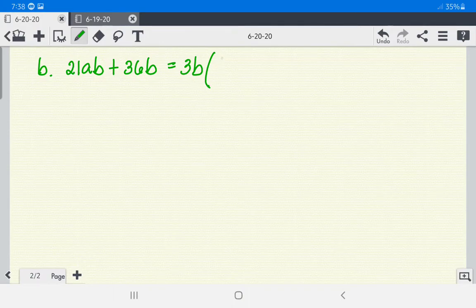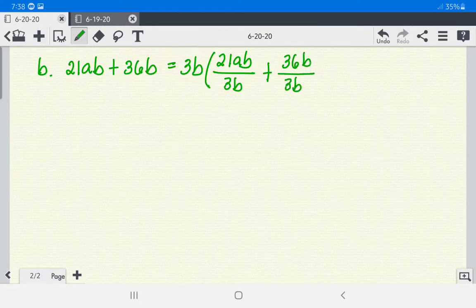So get the first term 21ab, then divide it by the GCF 3b, then plus 36b divided by the GCF 3b. Then you have to copy the first factor 3b, then 21ab divided by 3b. Let us start with the numbers.